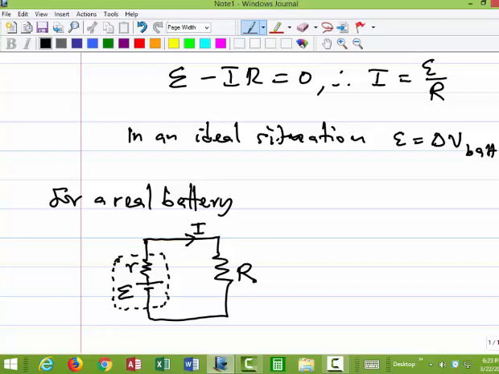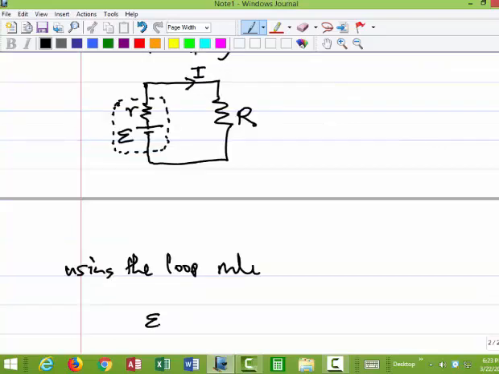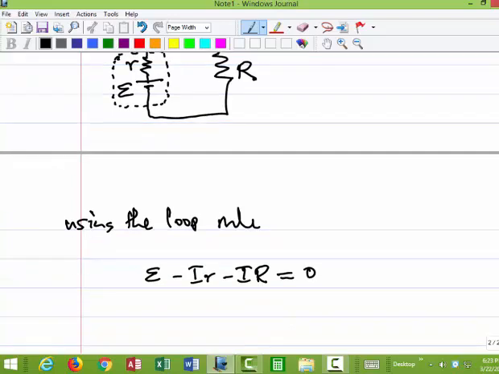Again, using the loop rule, this time we have E minus I R minus I r equals 0. So this time EMF is equal to I times (r plus R).